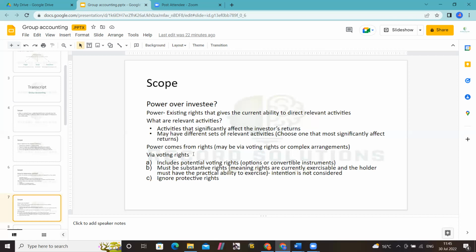So if you have a business, where you're going to sell, the costs you're going to spend, the people who make those decisions, those are relevant, right? Because they are relevant to bringing returns. They affect the returns significantly.